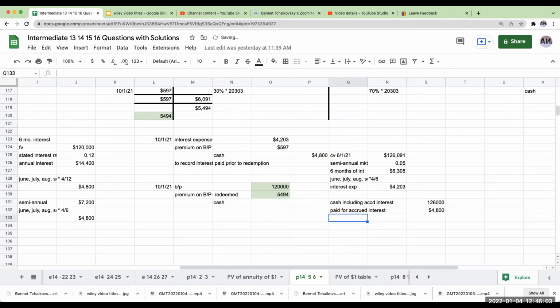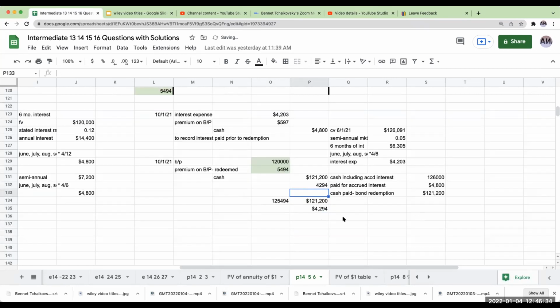So the actual amount of cash paid for the bond redemption is going to be 121,200. Given over here, I have total debits of 125,494 and total credits of 121,200. In order to make this balance, I need a credit of 4,294.